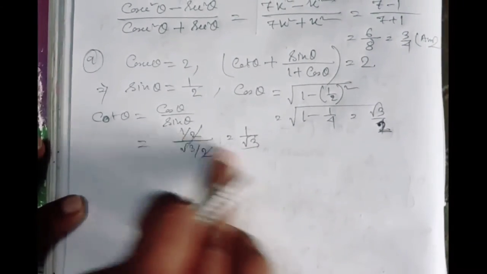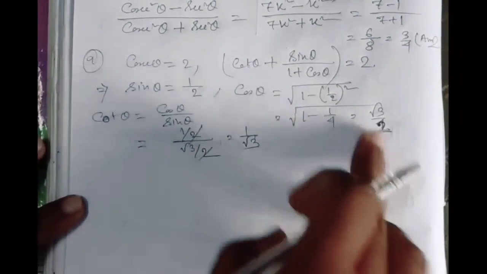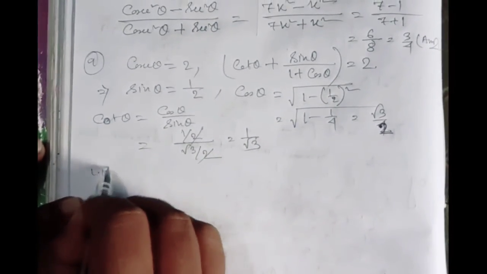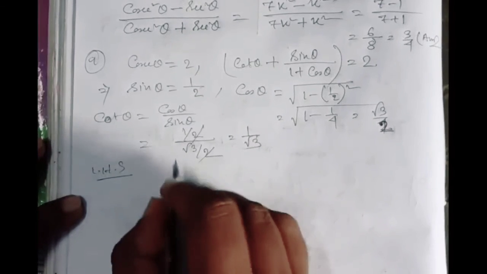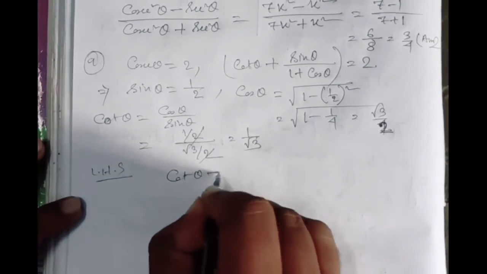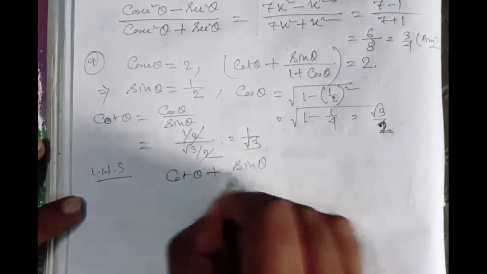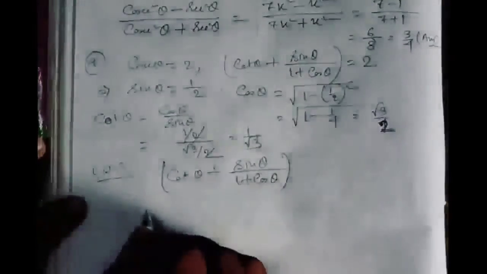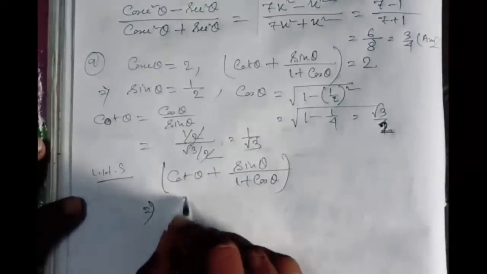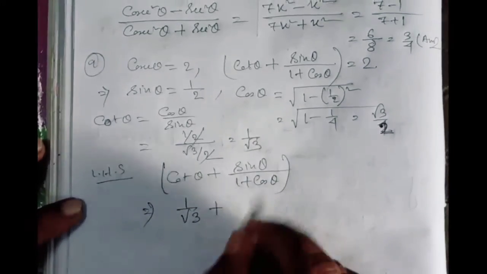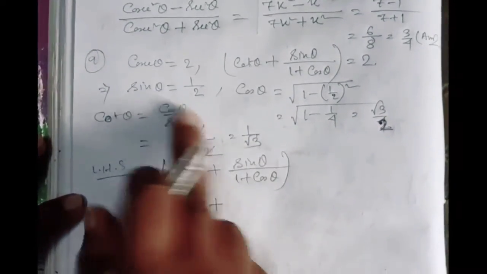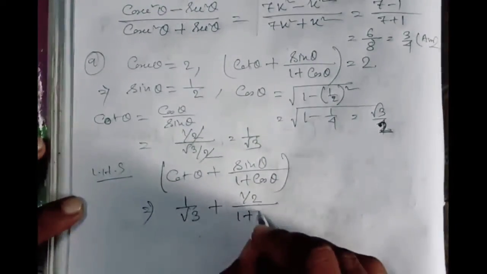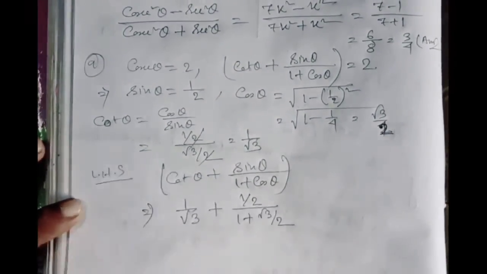Now putting the values of cot theta, sin theta and cos theta, our LHS would be cot theta plus sin theta by 1 plus cos theta.